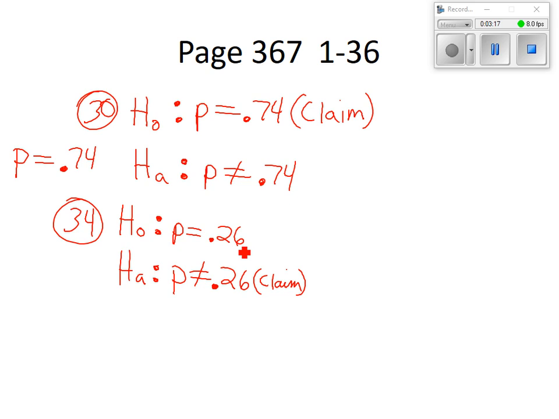Now, we want a type 1 error, sort of explain it. Most all of these you could have done the same way. You should probably, and I really don't care, I told you we're not going to deal with type 1 and type 2 errors as long as you can sort of understand what they mean, what they're telling you. You should write it in terms of the problem, but what is a type 1 error? If we reject the null when it's true.